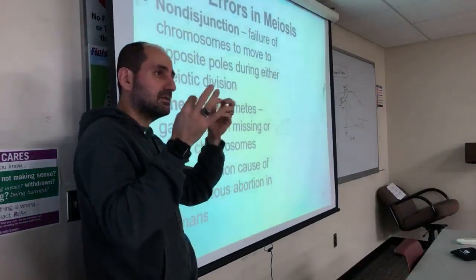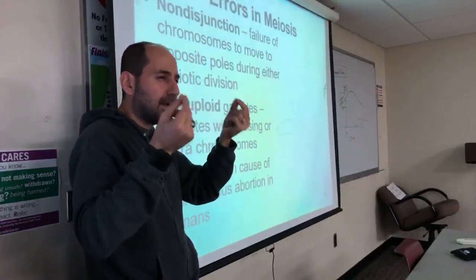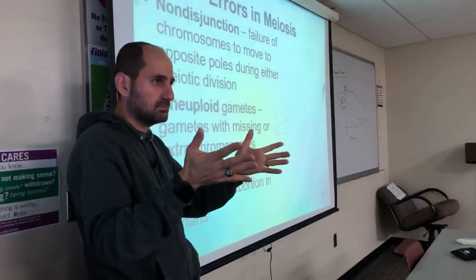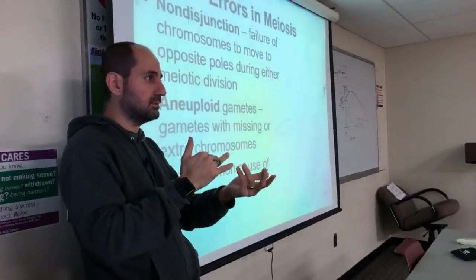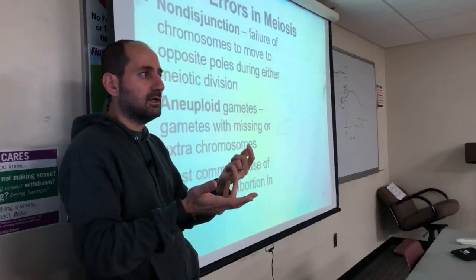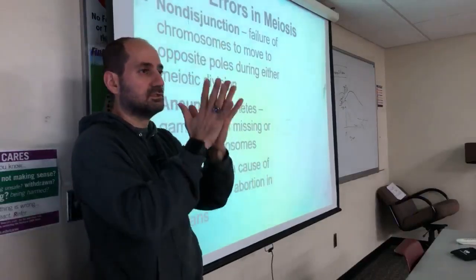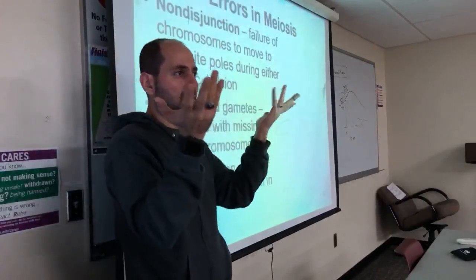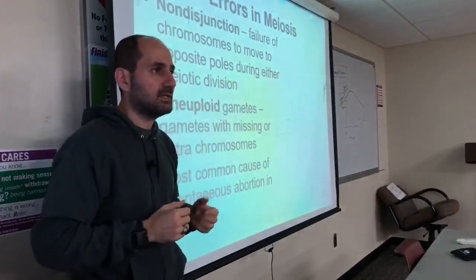Aneuploidy means gametes with the abnormal number of chromosomes. So instead of 23 chromosomes, you have 24 or 22. How did you end up with an abnormal number of chromosomes? Non-disjunction. The sister chromatids didn't separate correctly. It's considered a mistake during anaphase.